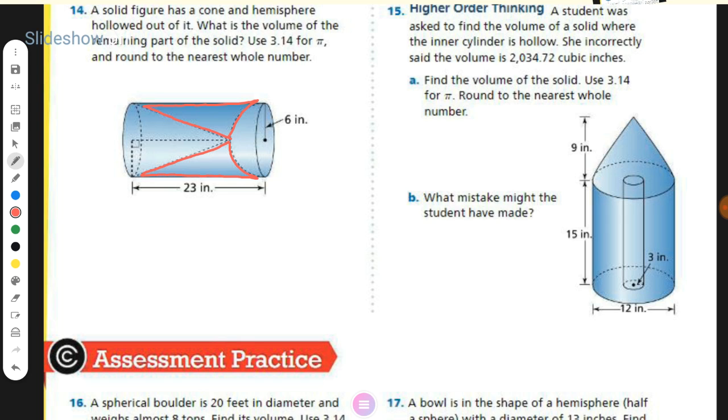How to calculate this? I need the volume of this shaded part. It's very hard to calculate it separately, so I can do something else.